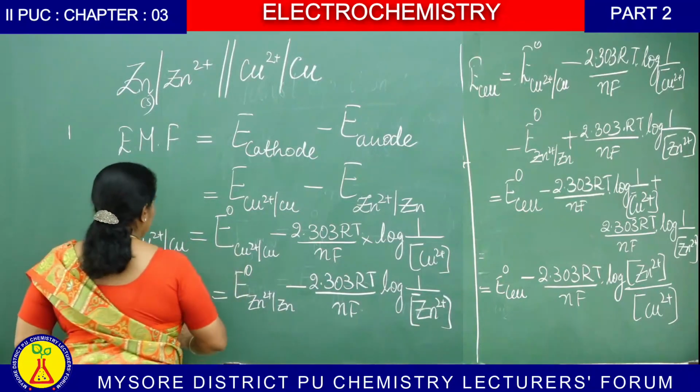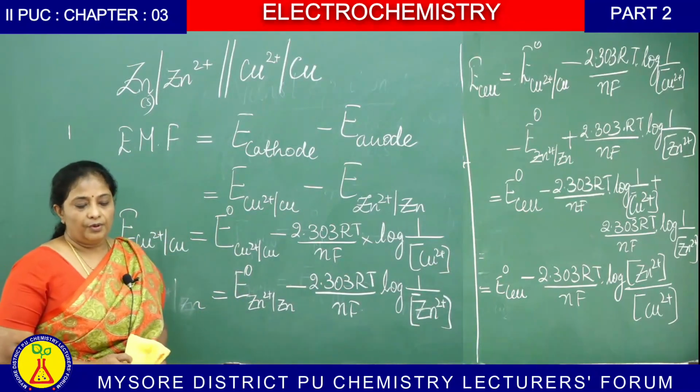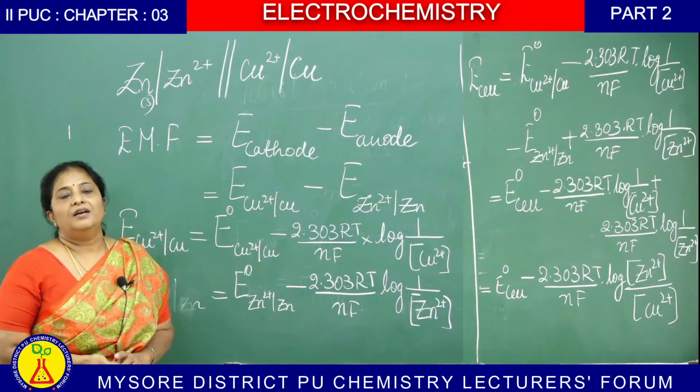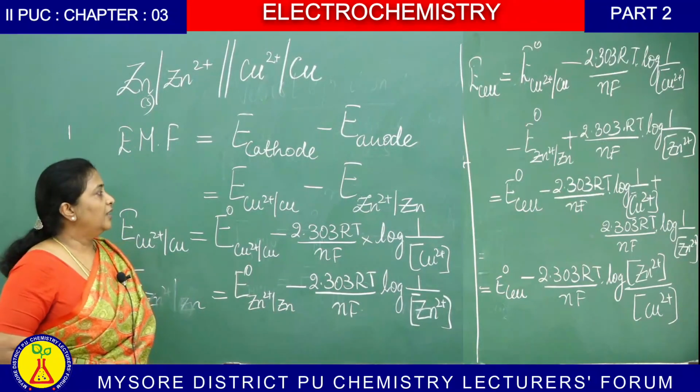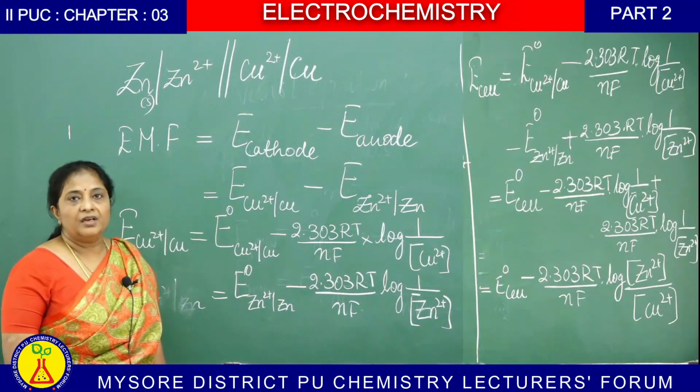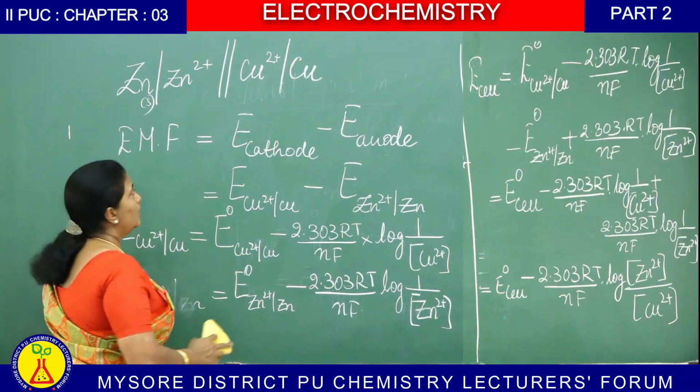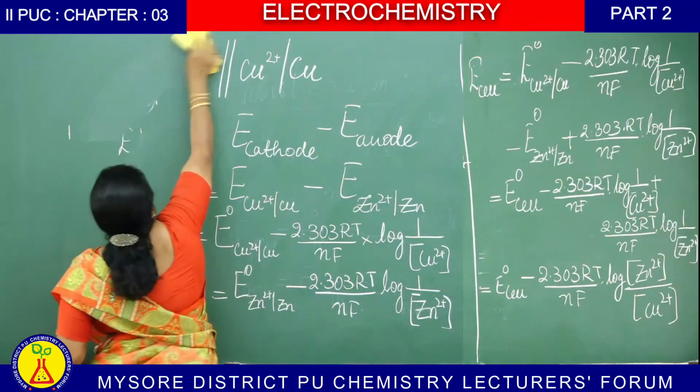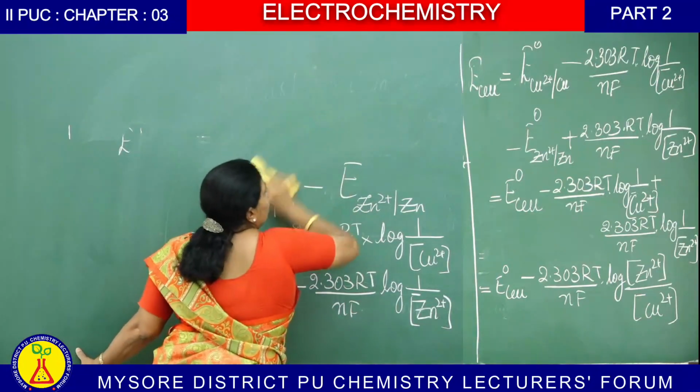Therefore, for any general electrochemical reaction, we can give the Nernst equation as follows.